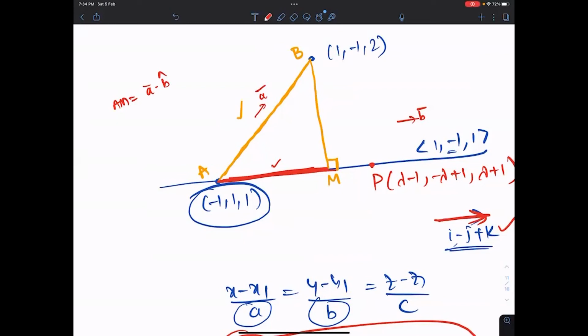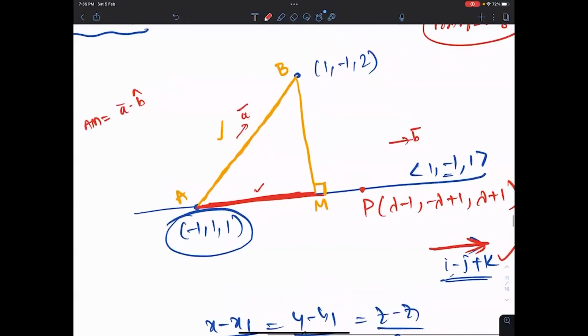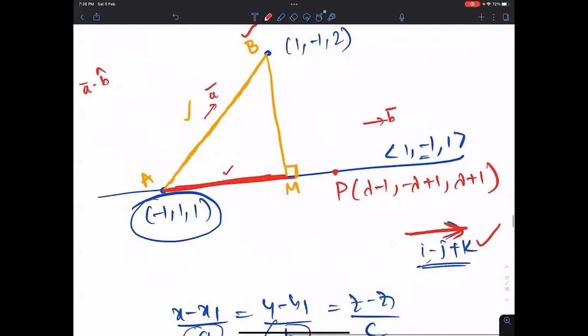Without practice, no. Now the question is, let's say you want the foot of perpendicular. Then how do you find the foot of perpendicular from point B onto this line? Simple. You have already written the general point.